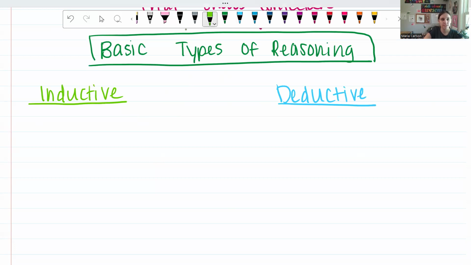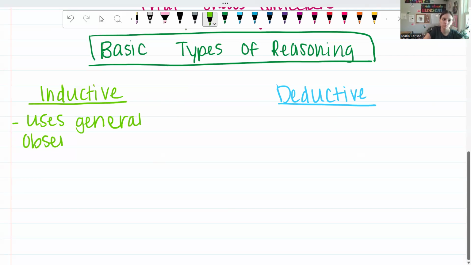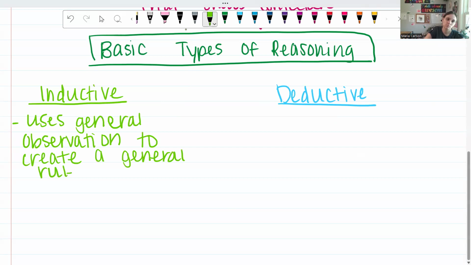So inductive reasoning uses general observation to create a general rule. This general rule is like a pattern.